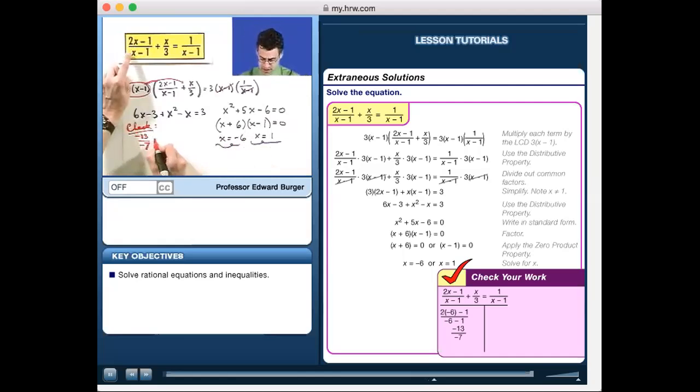Okay, plus negative 6 over 3. Okay, looks sort of complicated, doesn't it? So let's see. Does that equal this side? So this side is 1 over negative 7. So the question is, are these equal?